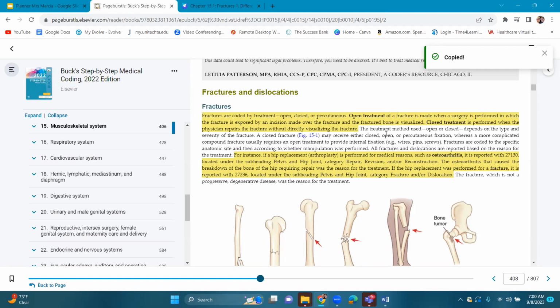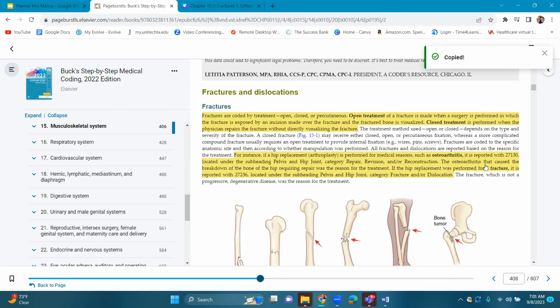And I'm going to go a little bit further than where it's highlighted. The treatment method used, open or closed, depends on the type and severity of the fracture. So we're going to go down here. For instance, if a hip replacement arthroplasty is performed for medical reasons such as osteoporosis, it is reported with 27130, located under the subheading pelvis or hip joint, category repair, revision, and/or reconstruction.